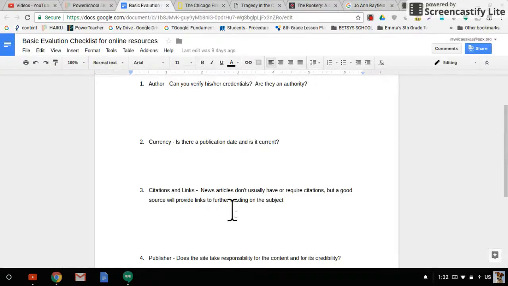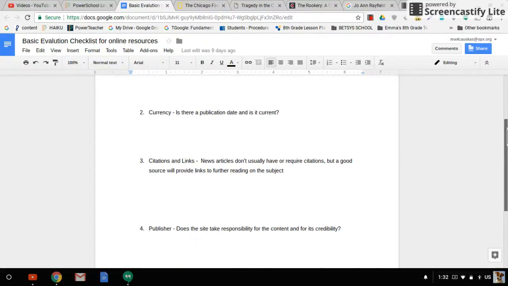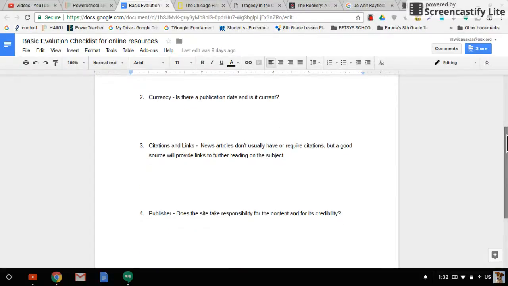Okay. Citations and links. It does not have citations and links. Okay. And I'm not liking that. I wish she's a university professor. She should have given some sort of further reading or citations or works cited page or something, but she didn't. And then the last one is publisher, does the site take responsibility for its content?